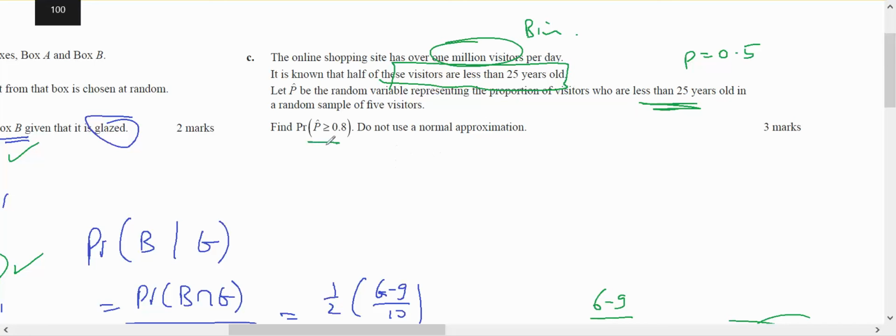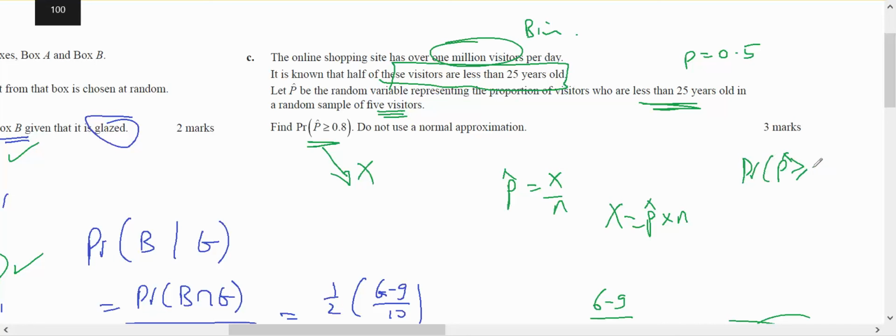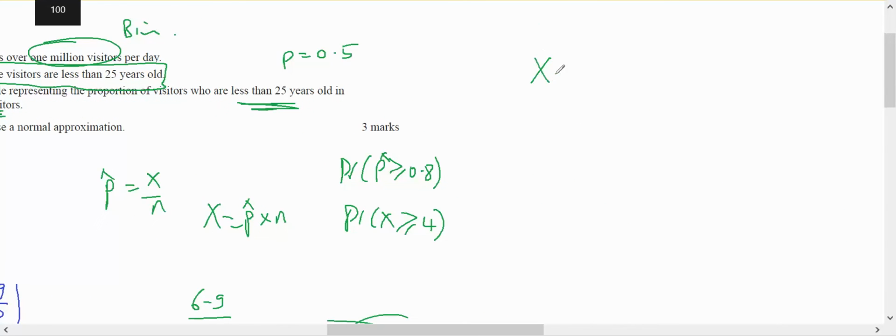Okay, so I'm going to turn this into X, where P hat equals X on n, therefore X equals P hat times n. n is 5 visitors. So the probability that P hat is bigger than or equal to 0.8 is the probability that X is bigger than or equal to 4, where X is binomial with n equal to 5, and the probability of success is 1/2.